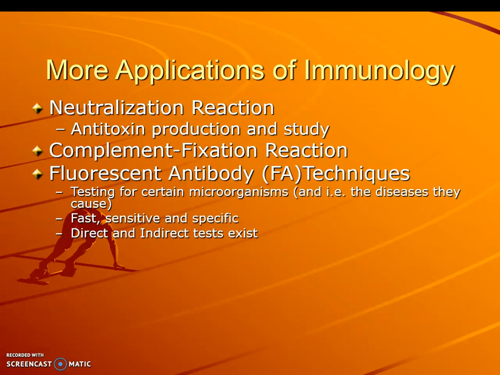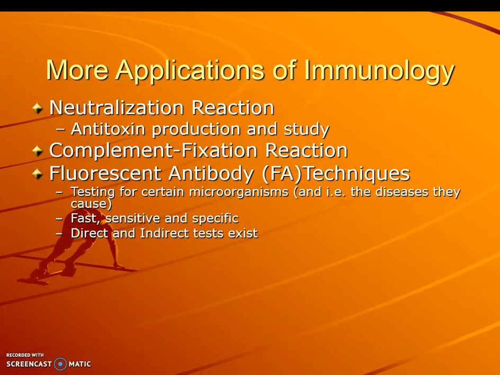Fluorescent antibody techniques are used for testing for certain microorganisms. So obviously, we talked about this before. So exact microorganisms that cause diseases, they have a very specific type of antigen that's on their cells.